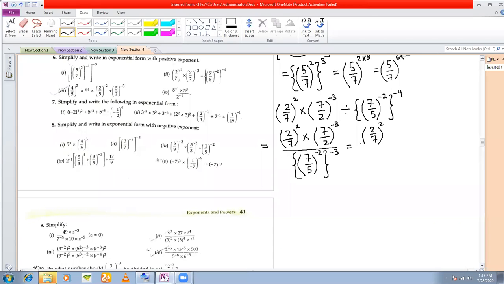Keep this as it is. 2 by 7 square I have kept as it is. Okay. And what I do is I convert 7 by 2 to 2 by 7. So I write 7 by 2 as 2 by 7. But what was the rule? The rule was that if I am writing the reciprocal, the sign of the power will change. Yes, if I am writing a fraction in the reciprocal, the sign of the power will change. Yes, sir.